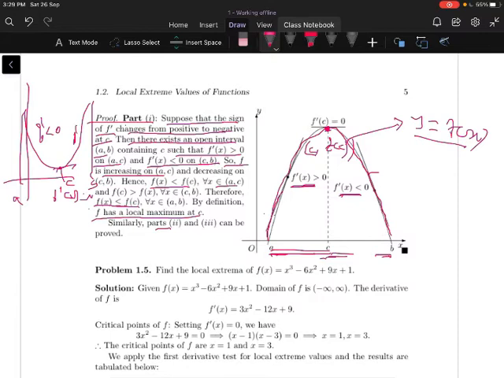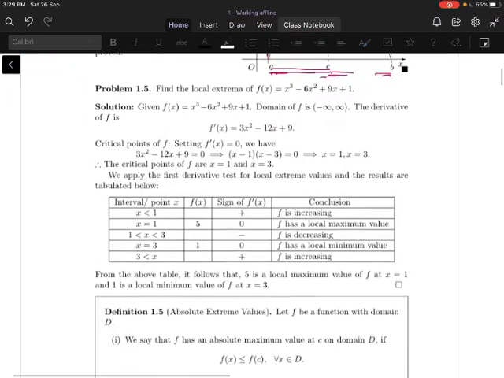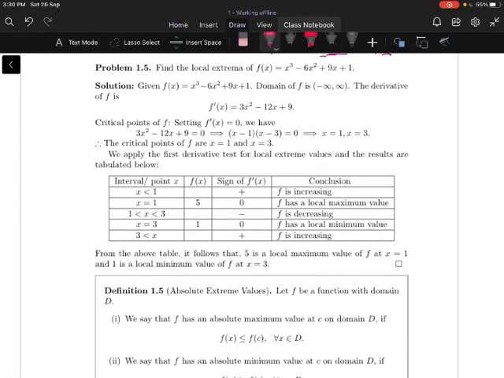For the interval c comma b, f dash of x is positive. Therefore, since f dash of x is negative, the function is decreasing on a comma c. Similarly, since f dash of x is positive on c comma b, by the definition of local extremes, the function f has a local minimum at x equal to c. So similarly, you can prove the third part also. You can do it yourself. Let us move to the problem.